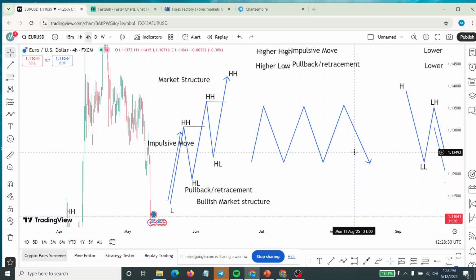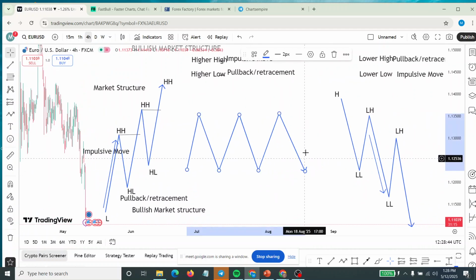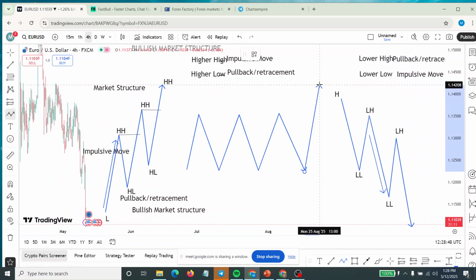No one is in control. That's why in this scenario, both the money the buyers are willing to trade and the sellers are willing to trade are in equilibrium, are equal. So that's why it shows that no one is in control until we experience a breakout.